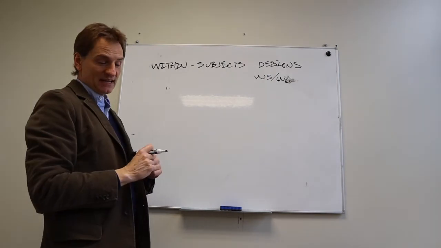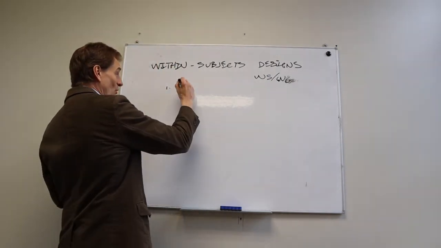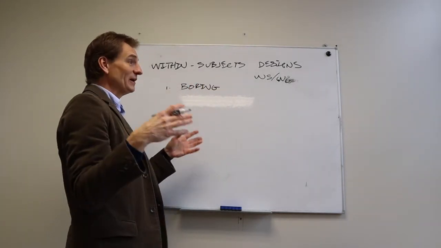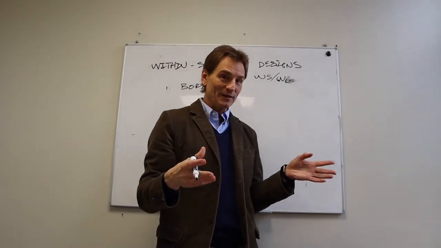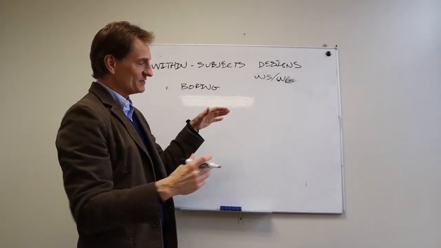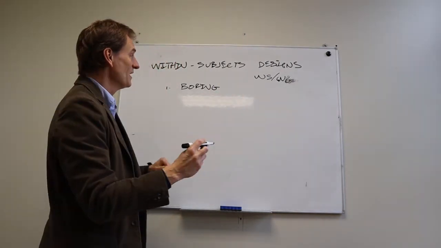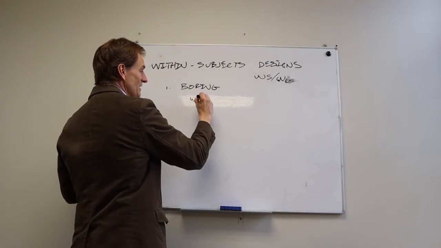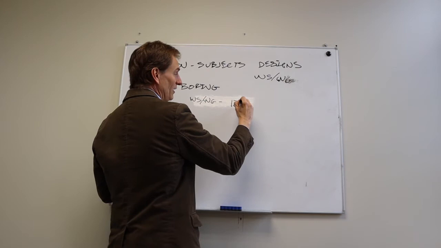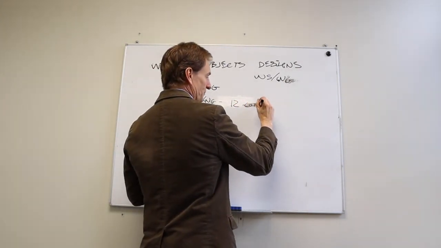First is this idea that it's boring to be in one, okay? Because you're in every possible condition. So if we go back to our KTVO local news story that I erased, okay? Again, if you're in a within subjects, within groups design, you're in 12 different treatment conditions, okay? So we'll say 12 conditions.